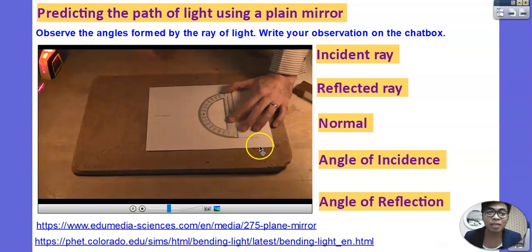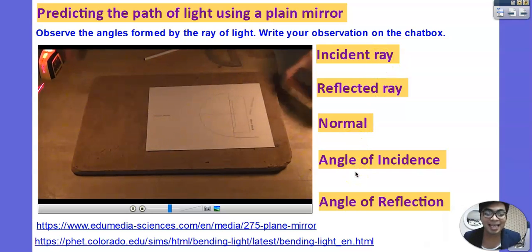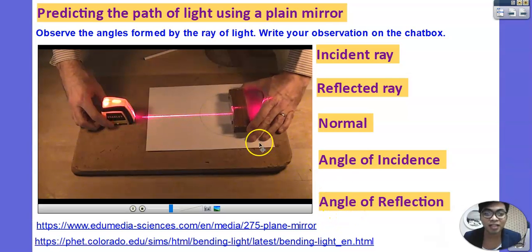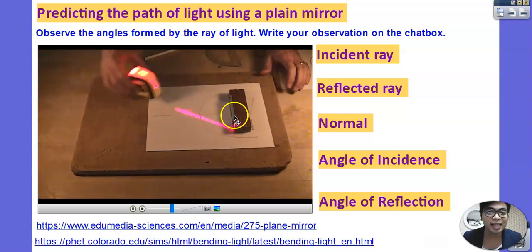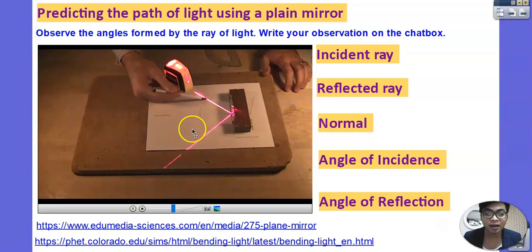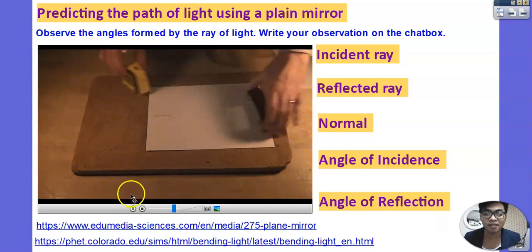The angle formed by the incident ray is called the angle of incidence, and the angle formed by the reflection is called the angle of reflection. And found here at the middle, where no reflected ray is formed, is called your normal. Alright, so I'm going to show you here an example of the simulation of this.